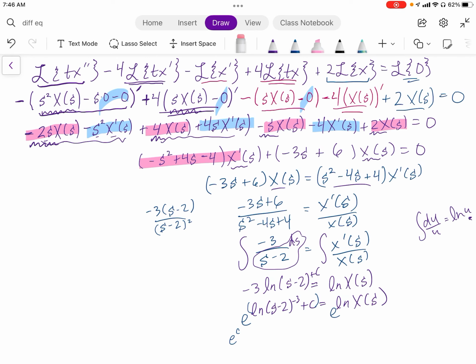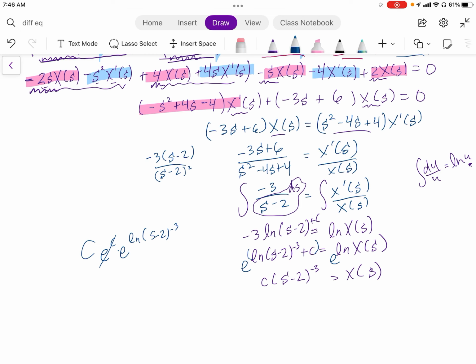I'm going to do this off to the side to save a little room. This is old stuff, but e to the c times e to the ln of s minus 2 to the negative 3, and that's why we can cancel the e and ln. We often just call e to the c some new constant c. So we have c times s minus 2 to the negative 3 equals x of s.